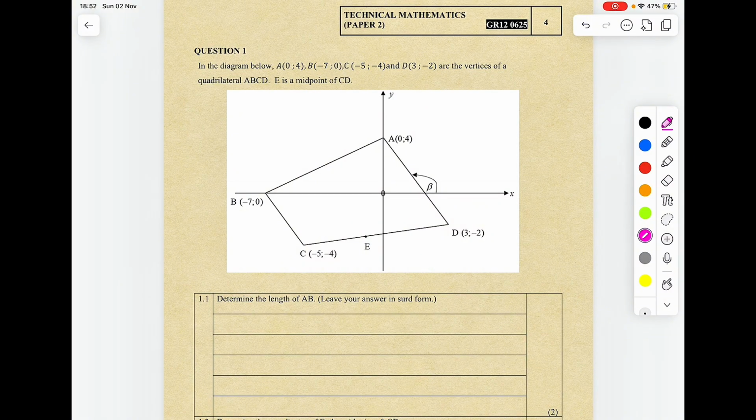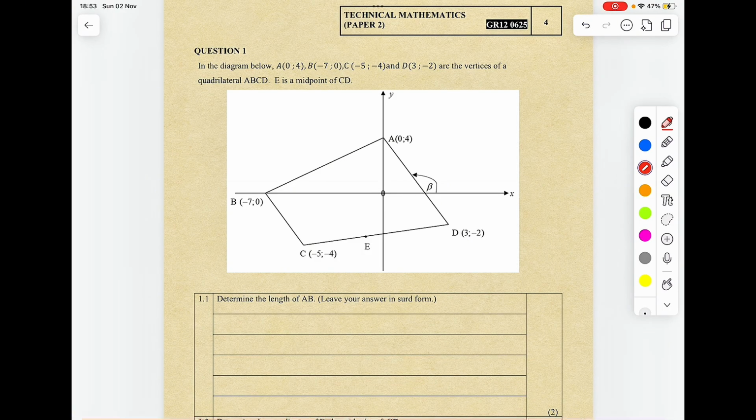So question 1 says, in the diagram below, A has x coordinate 0 and y coordinate 4, B with x of -7 and y of 0, C with x value of -5 and y value of -4, and D with x value of 3 and y value of -2, are vertices of a quadrilateral ABCD.